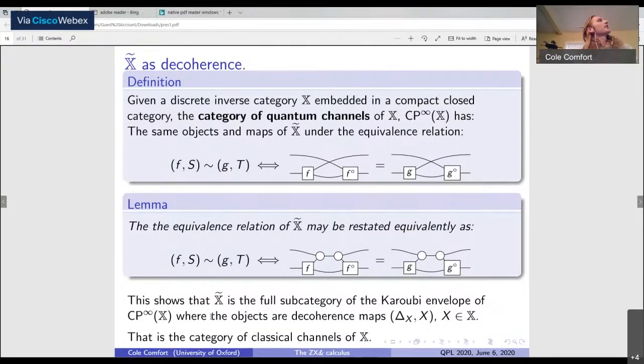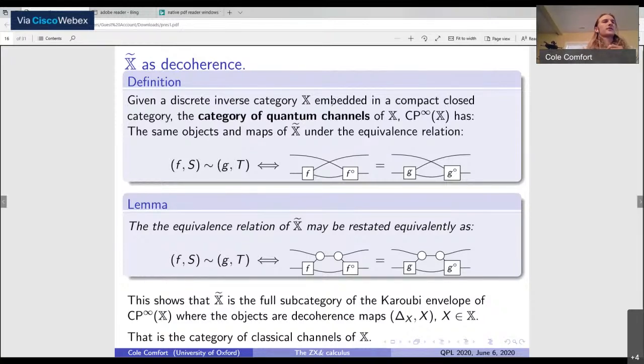So when I initially saw this construction, when I was reading Brett's thesis, I immediately thought, oh, this looks a lot like Krauss maps. What's the relation? And actually, there is a relation. If you have a discrete inverse category X, and as a technical requirement I have to ask that it embeds in a compact closed category, which I'm not sure holds in general, you can construct a category of quantum channels of X. This is kind of copying the work of Selinger, Coecke and everyone.